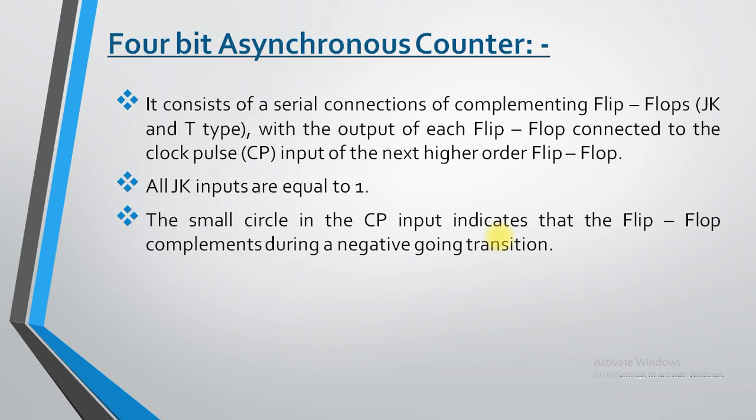That means a dash would be there. So now if you make a circle when you pass the data into the CP, you can say that the data would be transited in the negative way, because we have passed the complement of CP. CP means clock pulse.